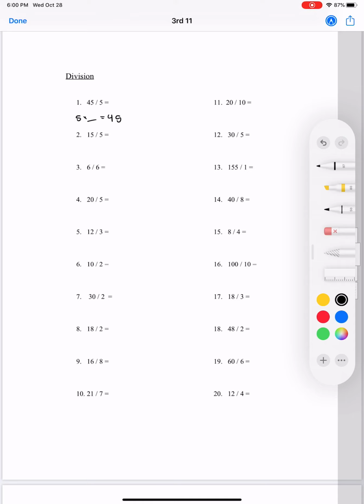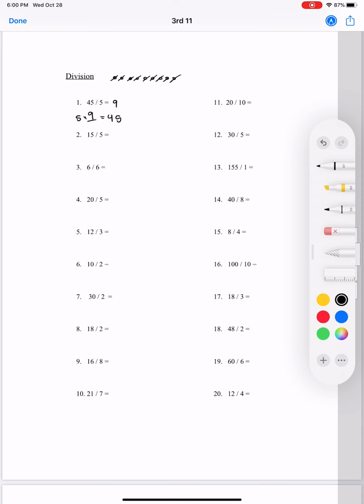So you would say 5, 10, 15, 20, 25, 30, 35, 40, 45. When you count by 5s and reach 45, you see that there's 1, 2, 3, 4, 5, 6, 7, 8, 9. So that means 5 times 9 would equal 45, and to fill in the blank, 45 divided by 5, your answer would be 9.